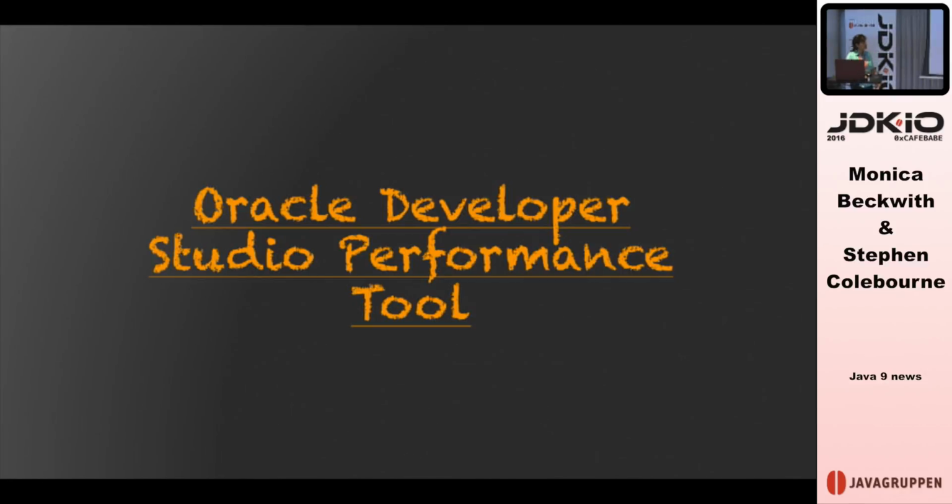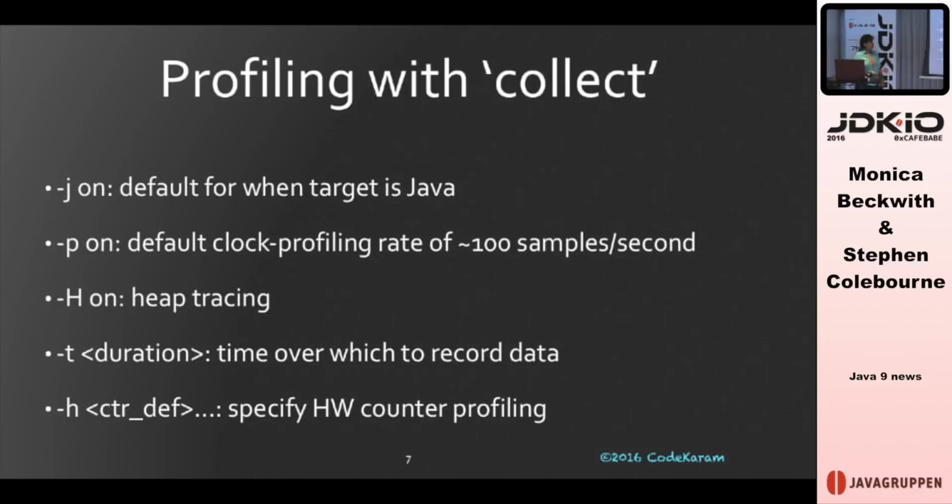I've been working on this for more than a decade now. Over the years, this tool has been optimized so much that you don't even need to specify if your target is a JVM, okay? These are simple things that everybody can work with, and I will show you a quick demo as well.